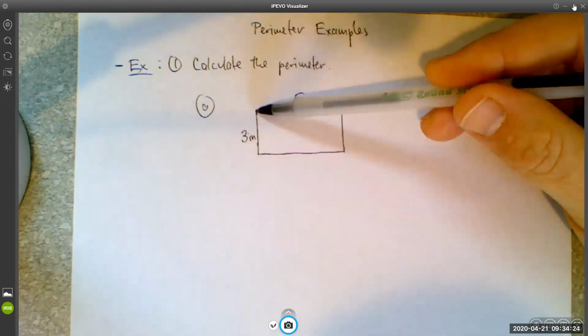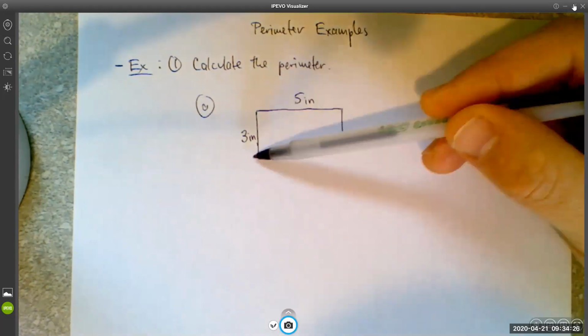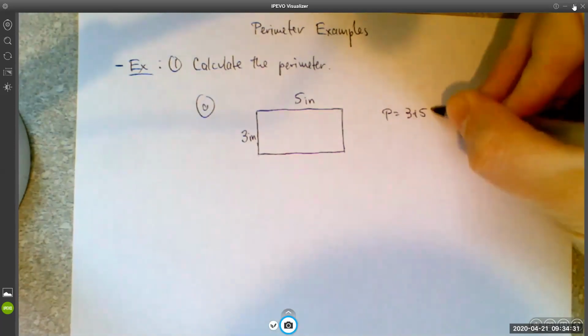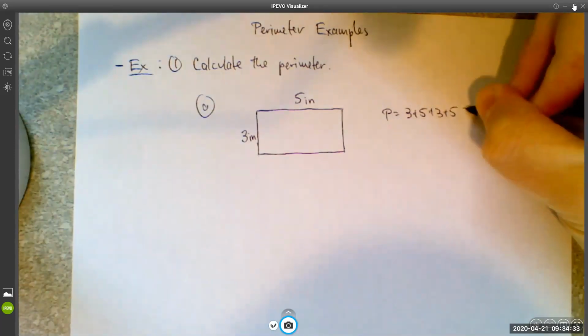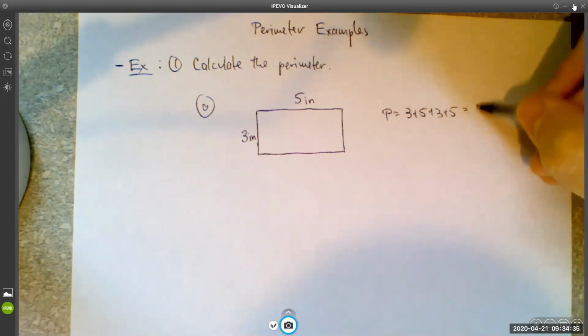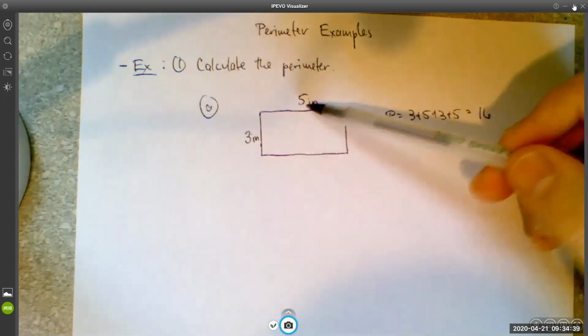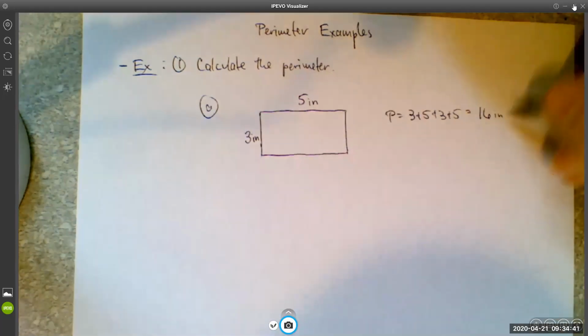So it's 3 plus 5 plus 3 plus 5. And I think that's 16. Since these lengths were given in inches, our answer would be 16 inches.